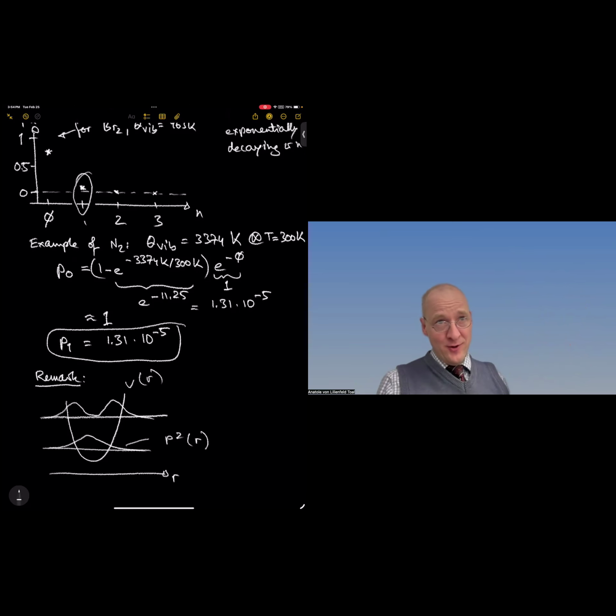Now, I'd like you to consider your first vibrational state. What does this mean? This means that if you have your dimer, your diatomic, and let's say this is the equilibrium distance, and let's put it here.